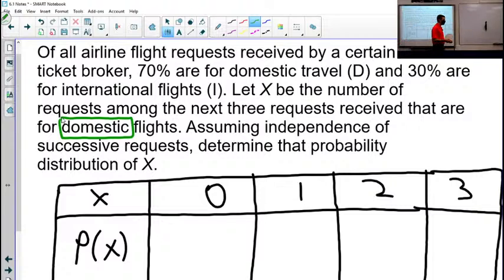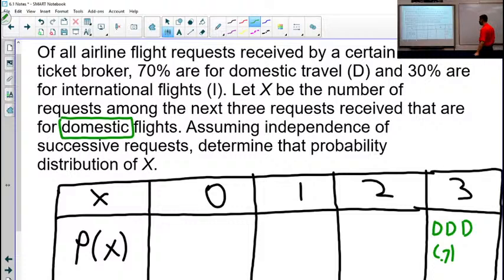So if we have 3 domestic flights, we need domestic, domestic, domestic. We need all 3 domestic. What's the probability of getting a domestic flight? 70%, or 0.7. That means we need the first one to be domestic and multiply.